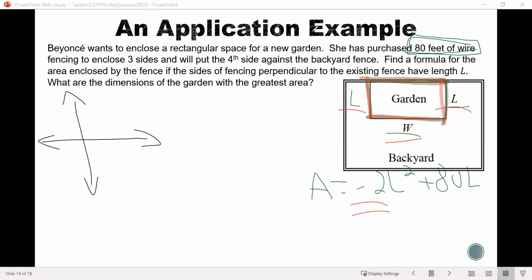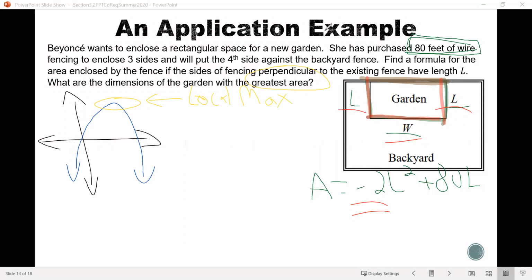That's going to flip it over, so it's going to look something like this. And if we do that, we have a local max in the picture now, which is helpful because we're trying to find the greatest area, which means we're trying to maximize the area.